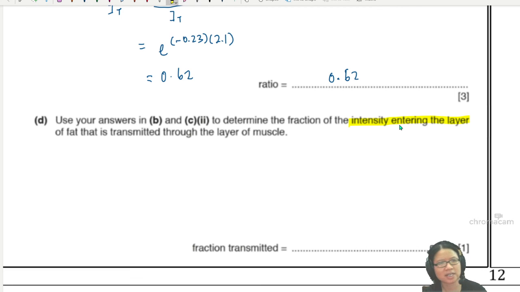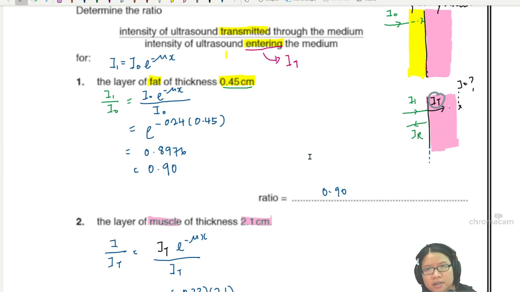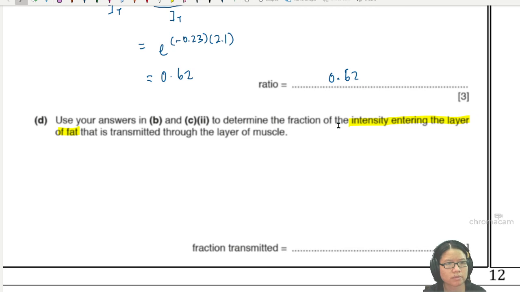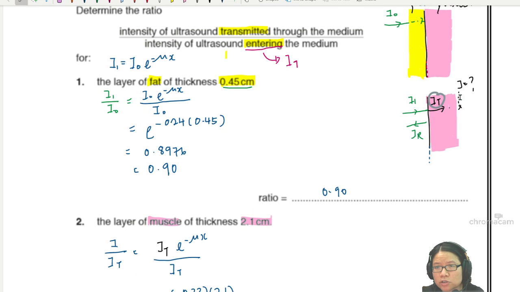The intensity entering the layer of fat will be I naught, and that transmitted through the layer of muscle, going back to my diagram, is I.